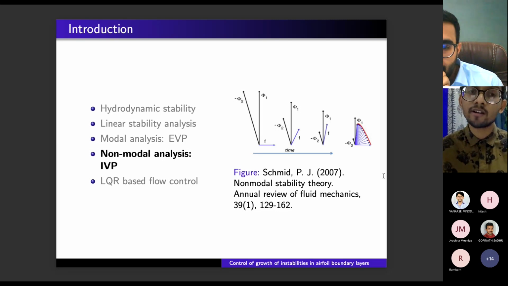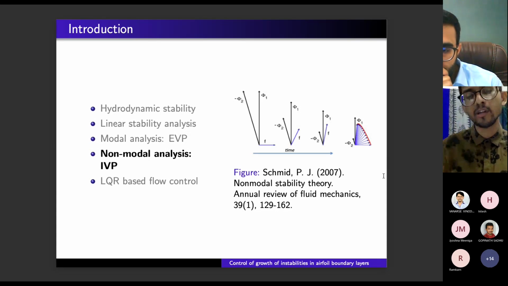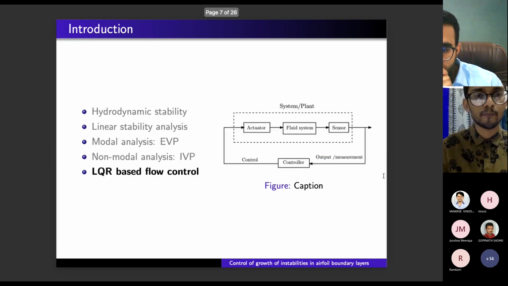However, their resultant f shows an algebraic short-term growth, and then eventually it also becomes zero when both the vectors become zero themselves. So this is the main theory of why we are going to look at the non-modal analysis for our flow.